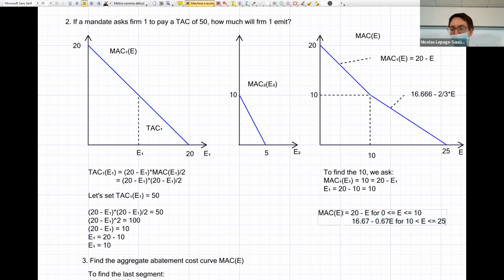And you could even add, but I'm not going to be mad if you don't, that it's equal to 0 for emission larger than 25.